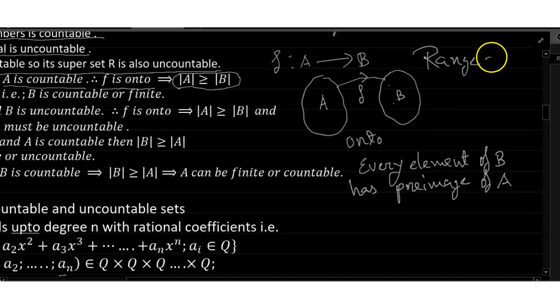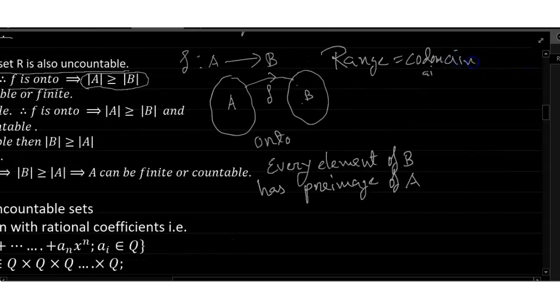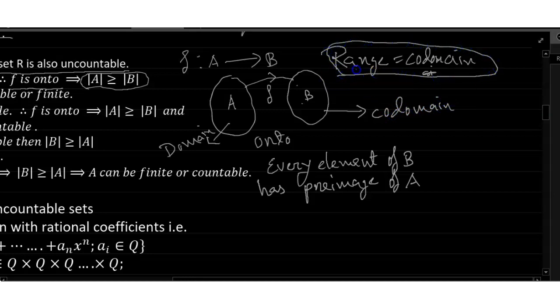Another way we can say range equals codomain, because suppose A is called domain, and B is called codomain. So range equals codomain in case of an onto function. So I hope I could clear what an onto function is.